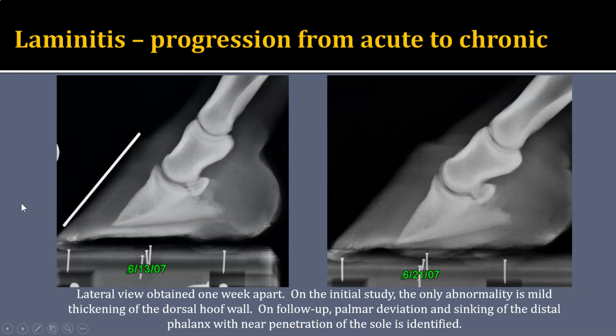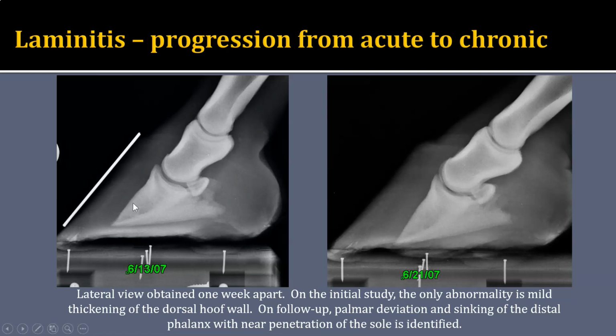This slide just shows some progression from the acute to the chronic phase of laminitis in a patient. It is important to think about obtaining radiographs during the developmental and acute phases because they can serve as baseline for future comparison. On the left side of the slide is an image of a patient obtained during the acute phase.